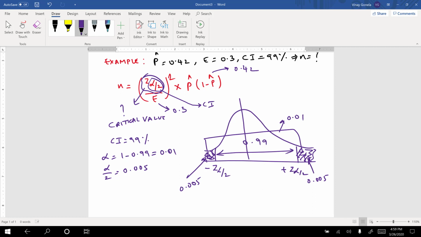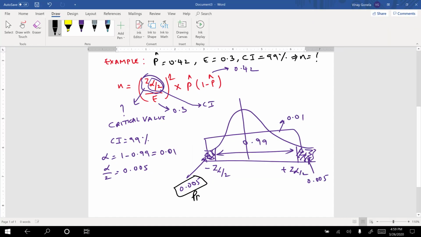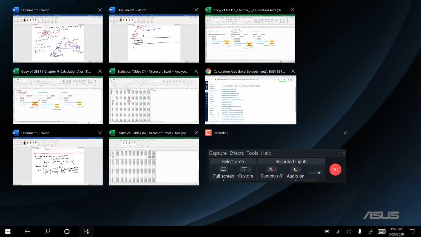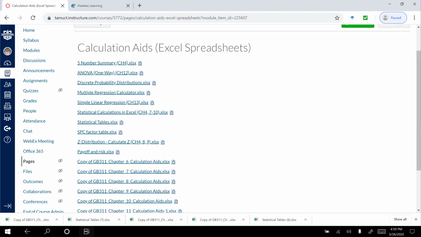So let's go to Z table. I will go to Z table and look for the probability of 0.005 and see what value I will get. Let me download statistical tables.